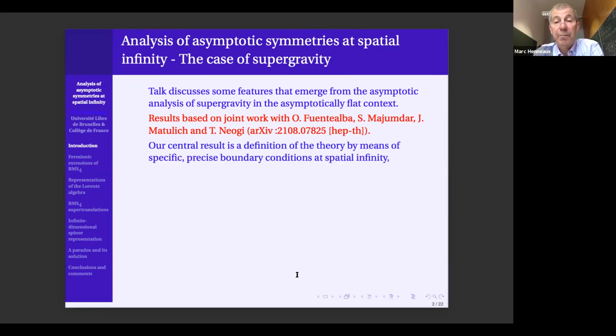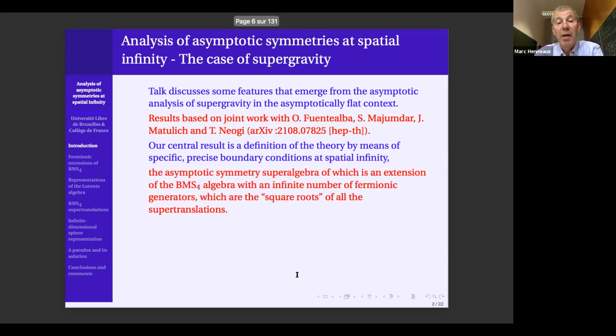And our central result is that with the definition of the theory, so if you add to the Lagrangian boundary conditions at spatial infinity, so you make precise the decay rates at spatial infinity, this is what I mean by boundary conditions, you end up with an asymptotic symmetry superalgebra, which is an extension of the BMS4 algebra with an infinite number of fermionic generators. And furthermore, these generators are the square roots of all the super translations.